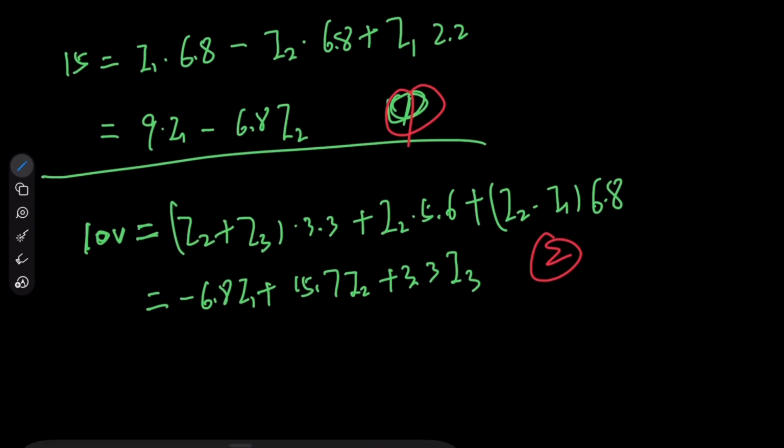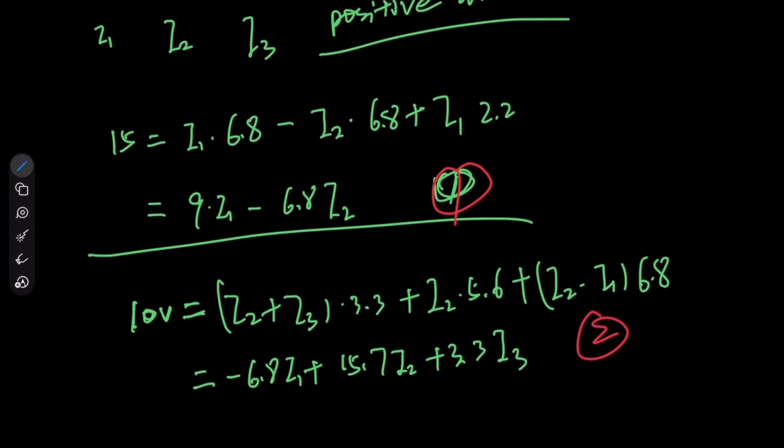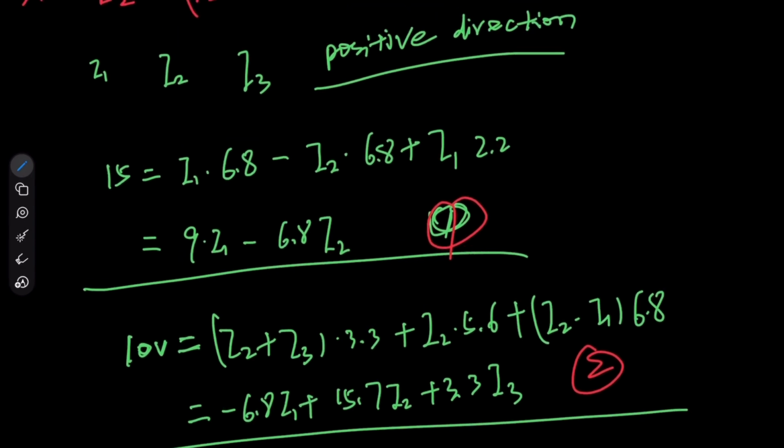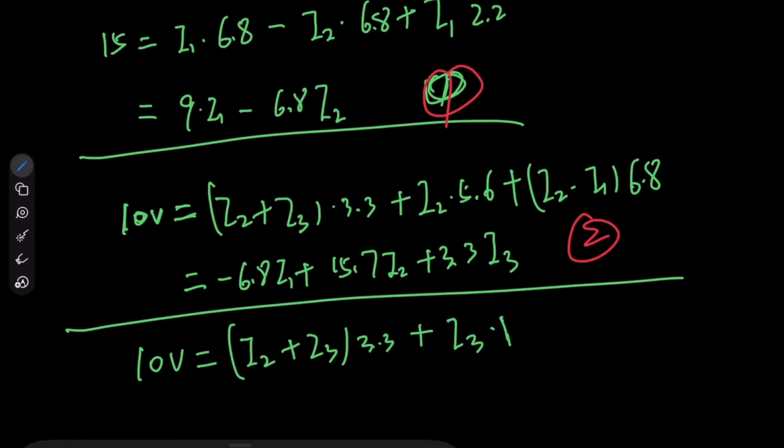For the third one, just plug in the numbers. We have 10 volts equals I2 plus I3 times R4, which is 3.3, plus I3 times R5, which is 1 kilo ohm. Now we have all the equations here, 1, 2, 3.